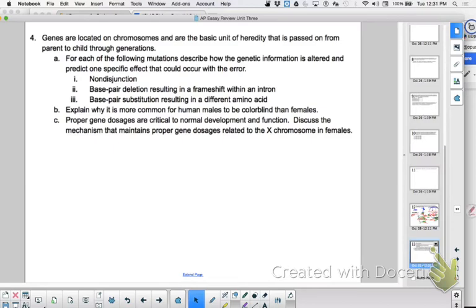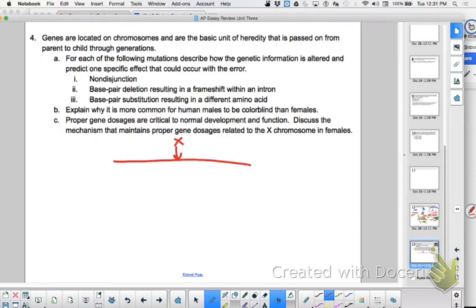So what happens, that DNA has a mistake in it right there. But if the DNA has a mistake in it, who else is going to have a mistake in it? The RNA is going to have a mistake. Even though it happens in an intron, basically what this is saying is a base pair deletion resulting in a frame shift.